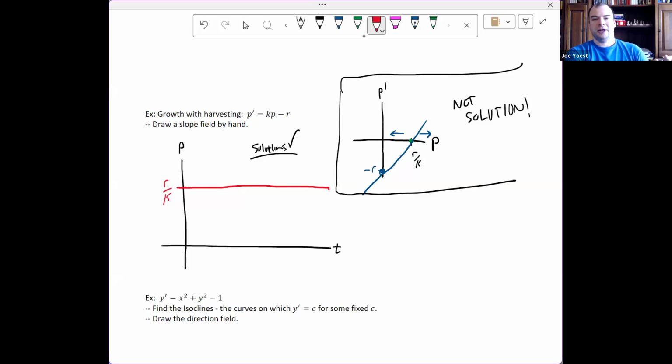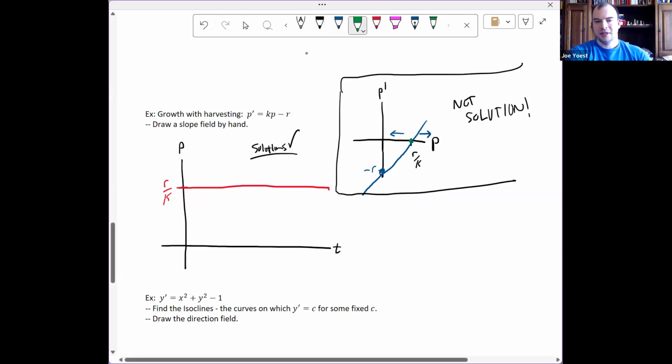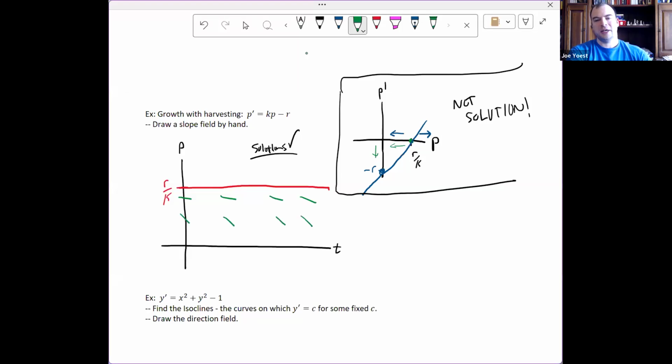If I choose my harvesting rate R to mesh with K in just this way, then I have an equilibrium solution. If P is less than R over K, if we're on this side, P prime is negative. If it's a little less, we get slightly negative slopes. If it's a lot less, we get more negative slopes.